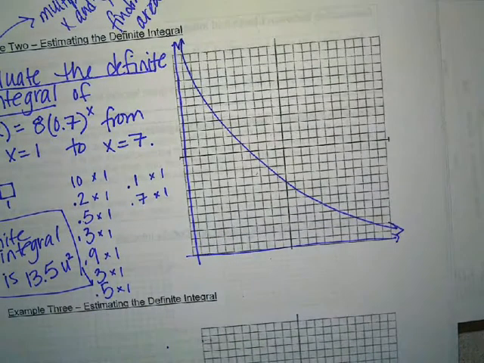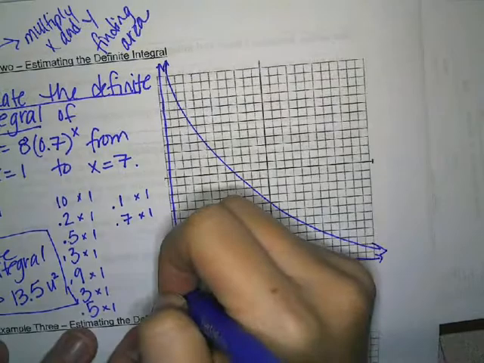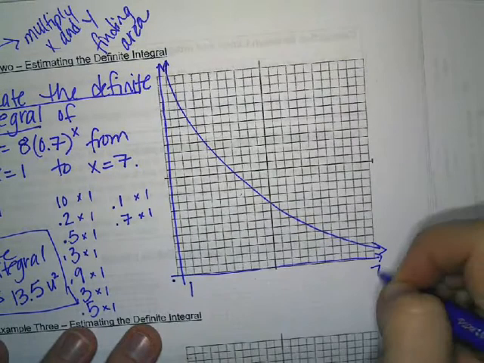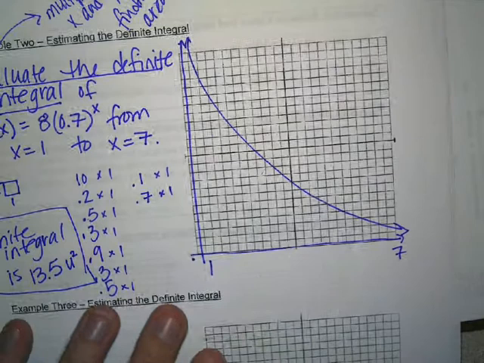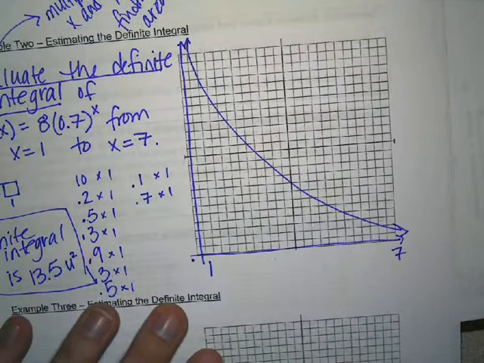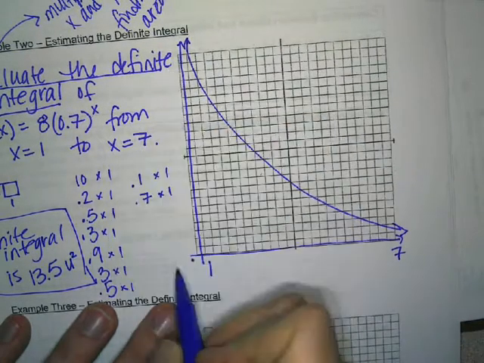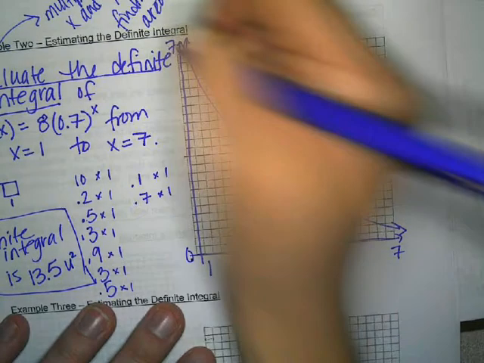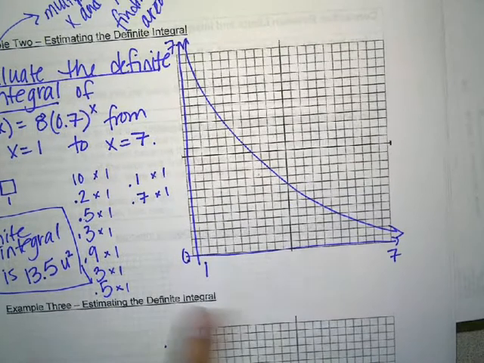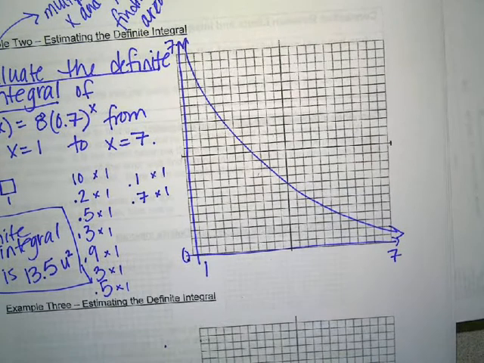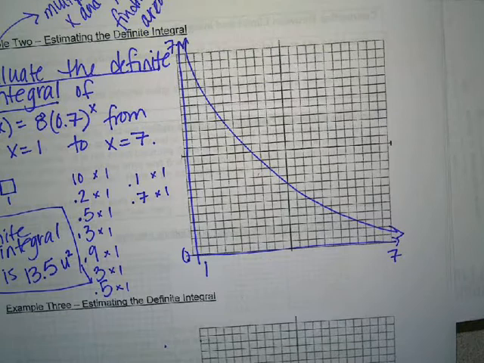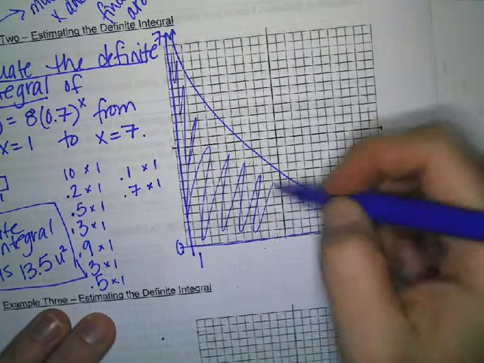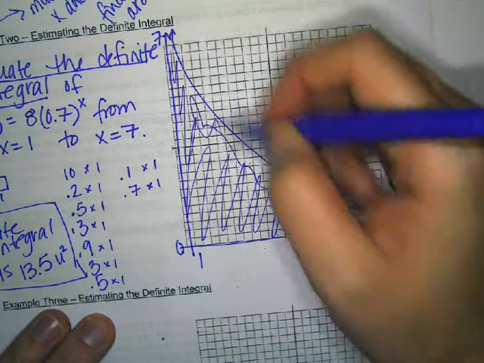The other thing that I want you to show is, if you went from 1 to 7, I want you to show that on the x-axis to show me what your window was. And then what was our window on our y-axis? 0 to 7. Okay. All this does, like on a test, if you're estimating, is show me what you were looking at when you graphed it. And then if something's off, I can go back and check with the same window. Yeah, sorry. This is the area that we found.